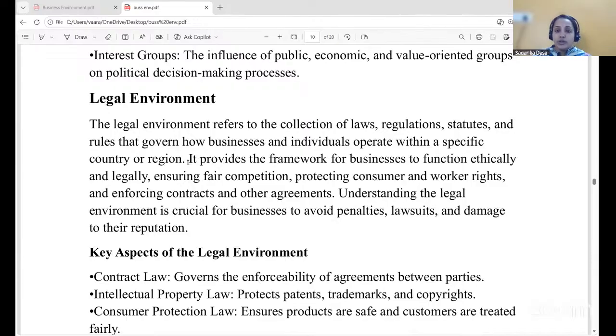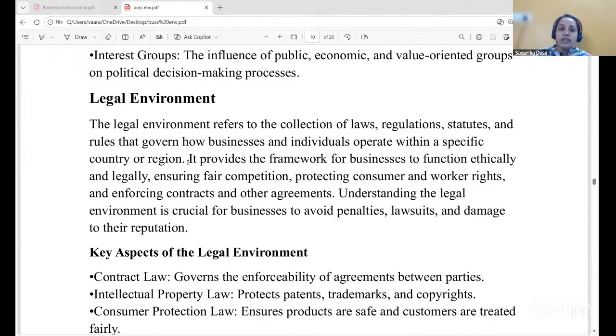Any business operating in a particular legal environment has to follow that specific country's rules and regulations. Say, for example, MNCs, multinational companies: the company belongs to the US, but when it is operating in India, it has to follow the rules and regulations of the Indian government.